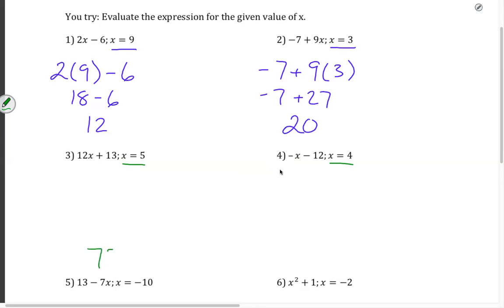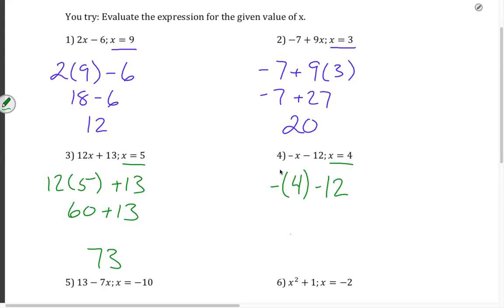That's exactly what I got. 12 times 5 plus 13. 12 times 5 is 60 plus 13 is 73. What about Sophia Kender? What did you get for number 4? -16. That's exactly what I got. So we have -4 minus 12. It's -16.